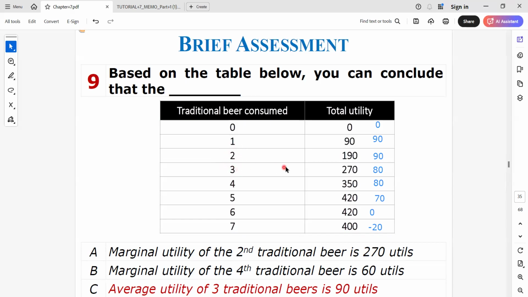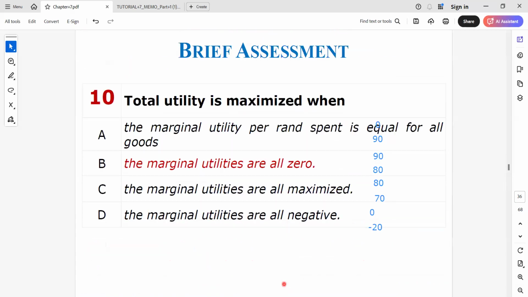So to calculate the average, you say your total utility, which is 270, divided by your total units. Your total units here is basically 1 plus 1 plus 1, which is 3. Then you say 270 divided by 3, you get 90. So this one is correct. Let's see the other one.